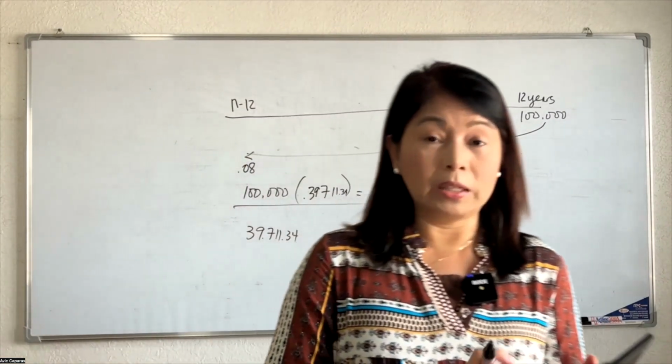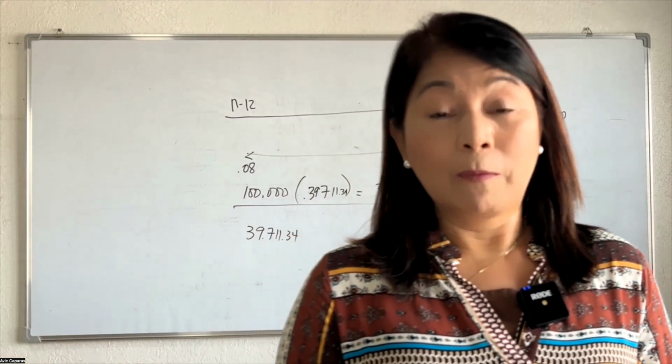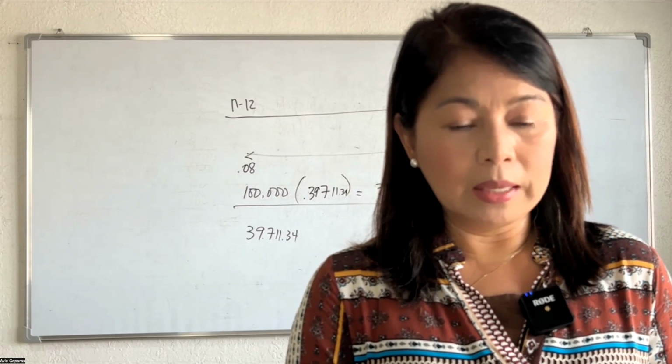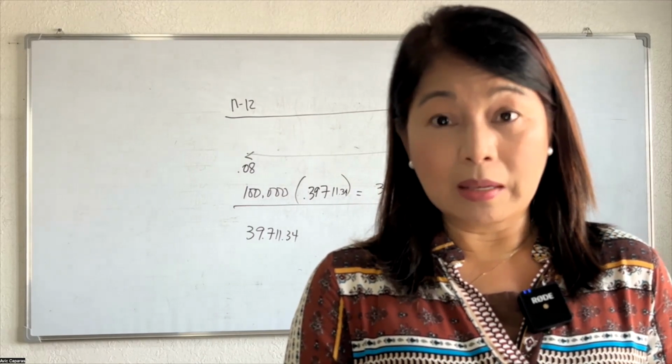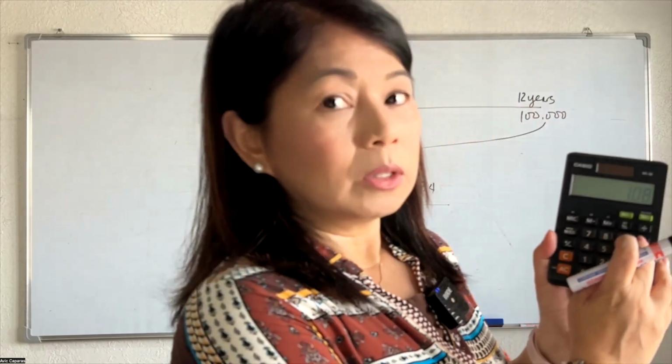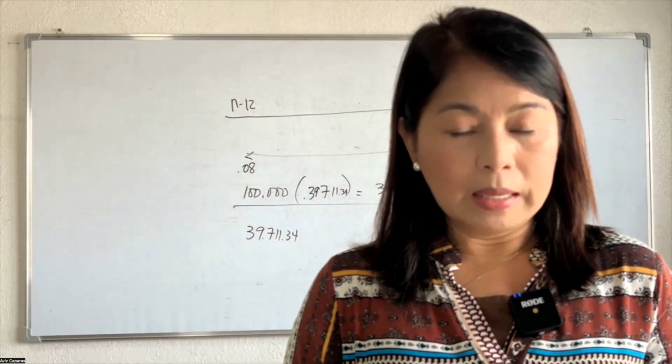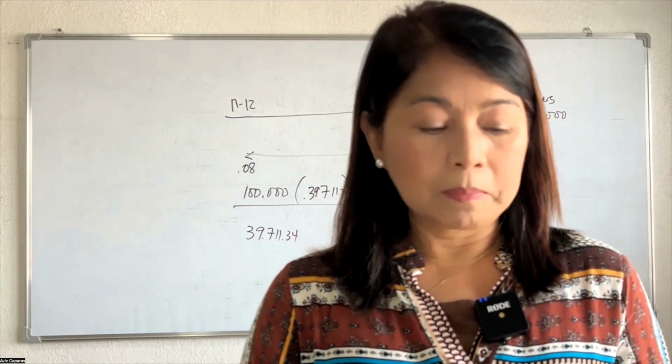Again, with the calculator, now using the future value, I get 1.08 and press times twice. That is already my first term.